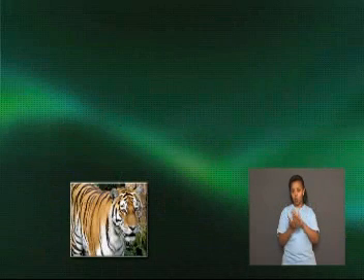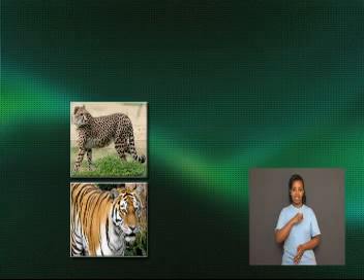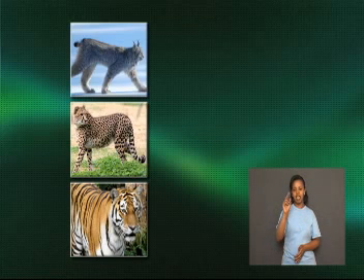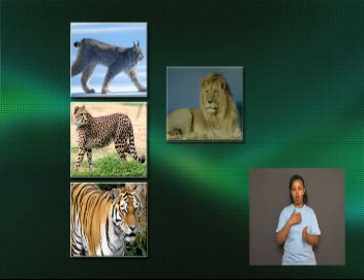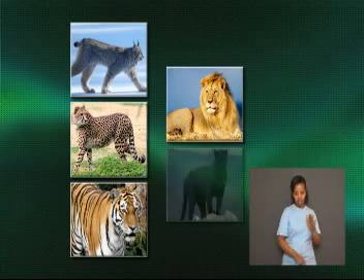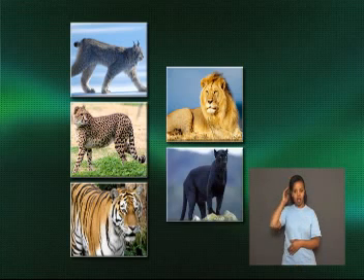You should have listed the tiger, the cheetah, and the lynx under the cats that have marks, and the lion and the panther as the cats that don't have marks.